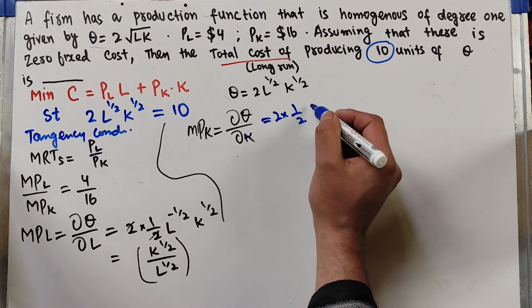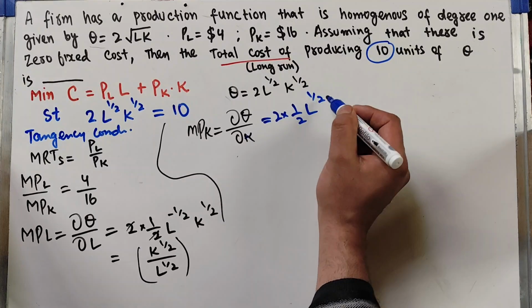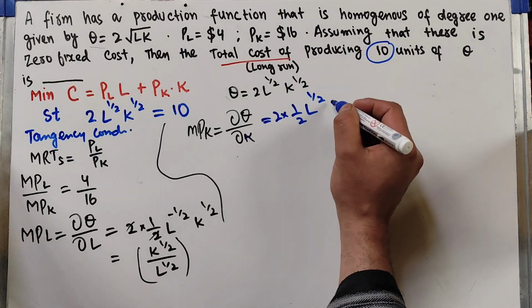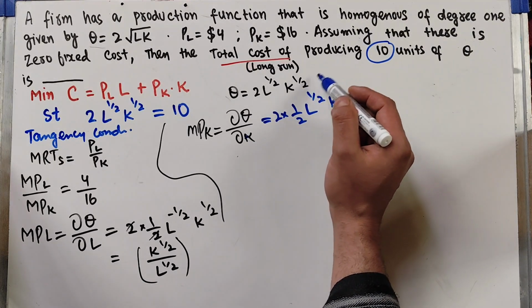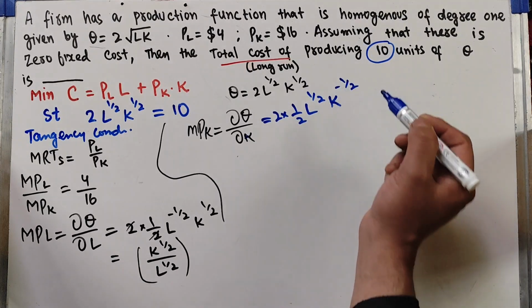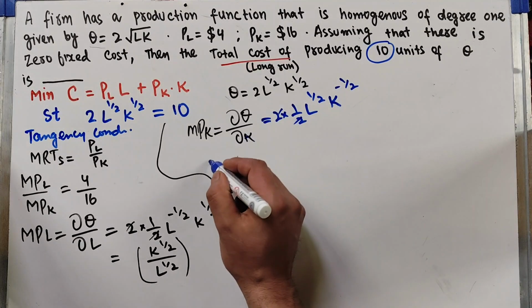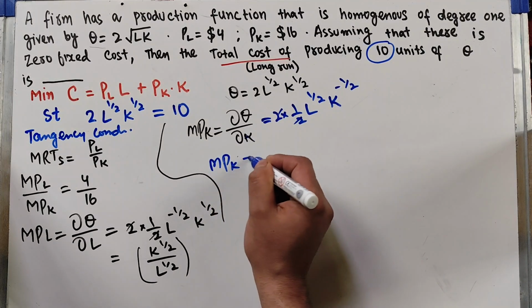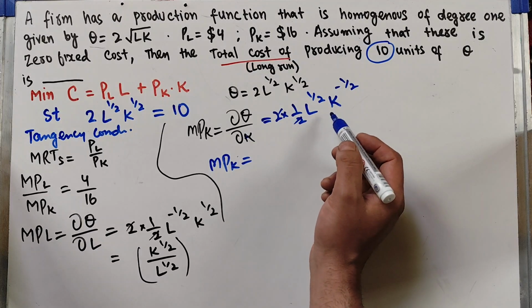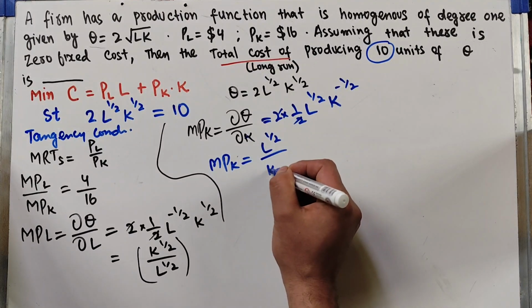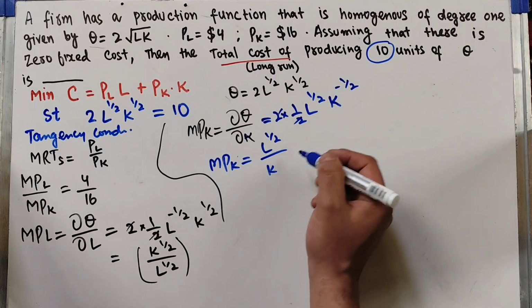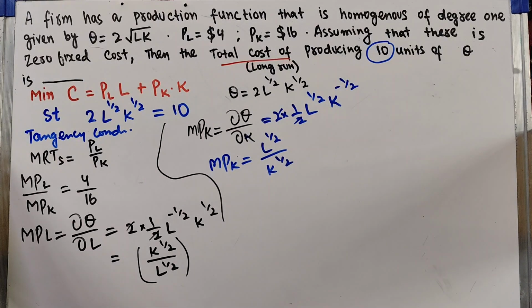L raised to the power 1 upon 2 will remain the same because we are taking the partial with respect to K. Then for K, we have 1 upon 2 minus 1, again minus 1 upon 2. The 2 and 2 get cancelled, so MPK comes out to be L raised to the power 1 upon 2 divided by K raised to the power 1 upon 2. Transposing this to the denominator, the exponent sign changes.